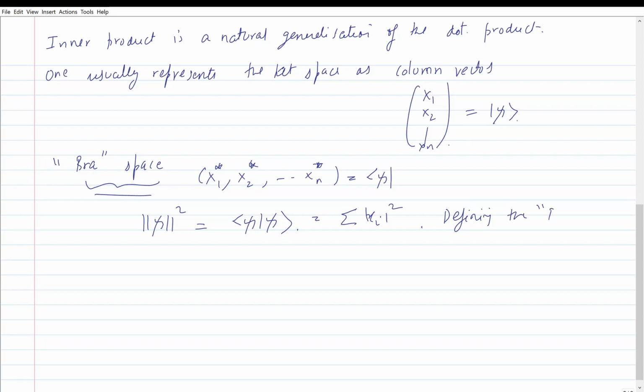Defining the bra space this way lets us define the norm or length of the vectors.